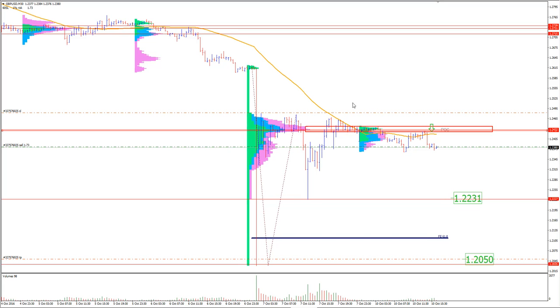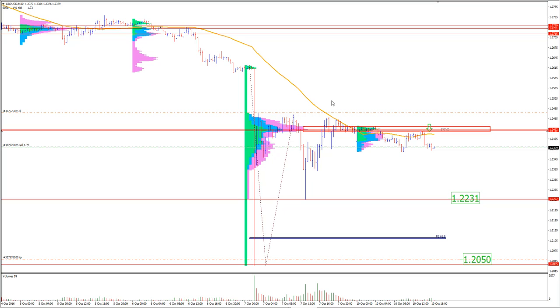So first of all, if we speak about the fundamental aspect on the British Pound USD, we are in the Brexit. Brexit is still an active theme, and as long as Brexit is active, it's very hard for investors to have the confidence to establish any large buying positions on the British Pound USD.